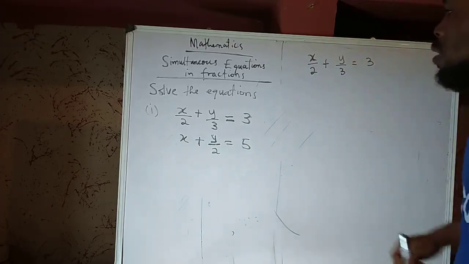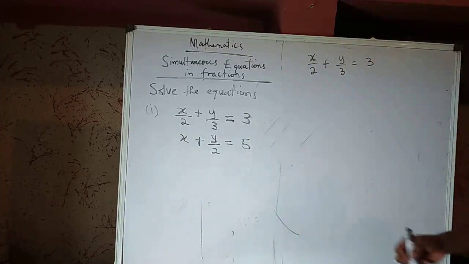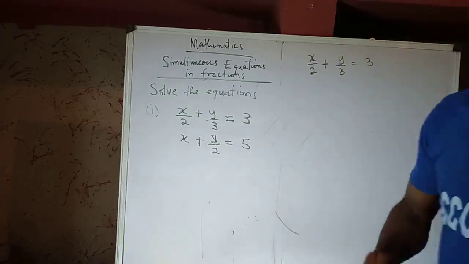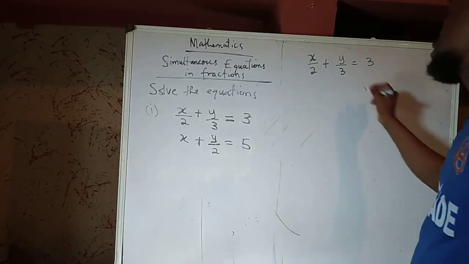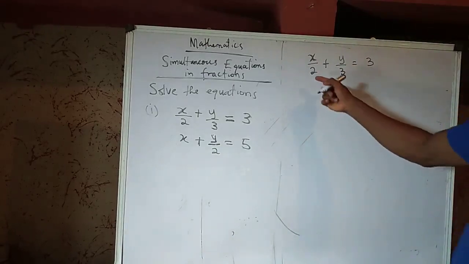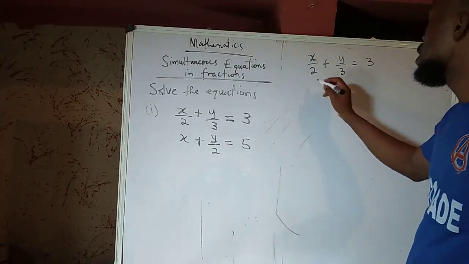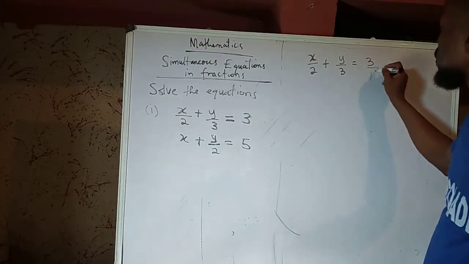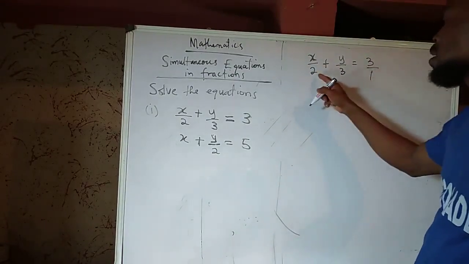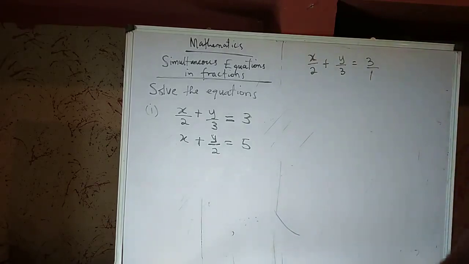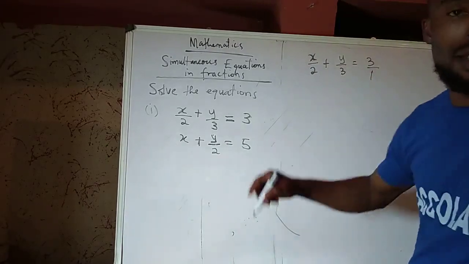So for us to solve this problem, there are many ways by which we can solve it, but the easier thing to do first is to find the LCM, in order to clear the fraction. When we get the LCM of 2, 3, and 1, it is 6.